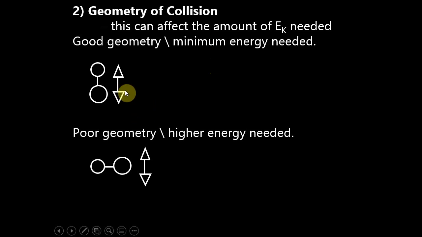So if we have good geometry where the things can line up, and when these collide, the circle and the triangle here, circle and the triangle here, then they can break these bonds and move off, forming the two new compounds. However, if we have the collision happening in this form, this bond will break, but this one won't, and we don't have a successful collision.